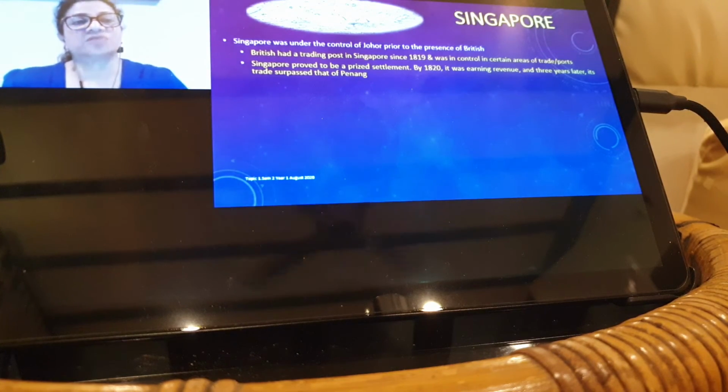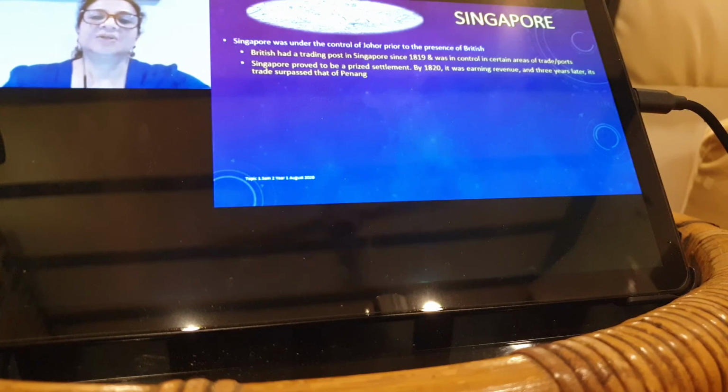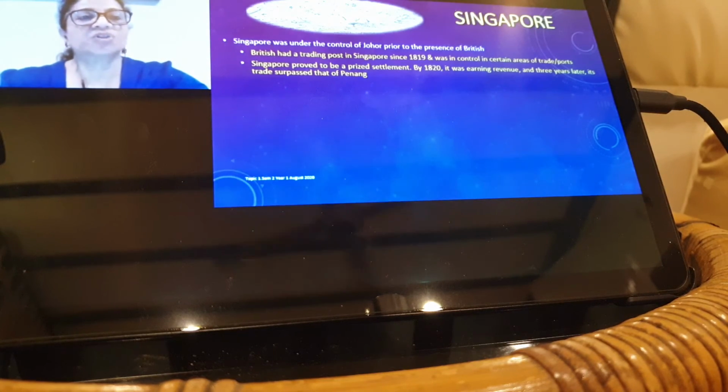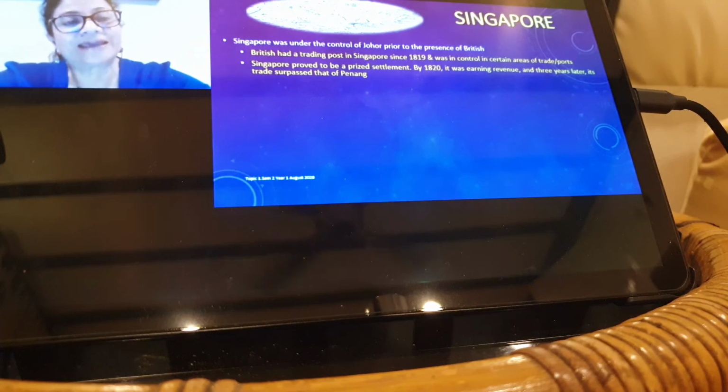You're looking at the Straits of Malacca, which is a trading post, and Singapore at the tip of Malaya was also thriving, a very busy port. So by 1820, Singapore was earning revenue, and 3 years later, its trade surpassed that of Penang. So it was doing better than Penang as a port.